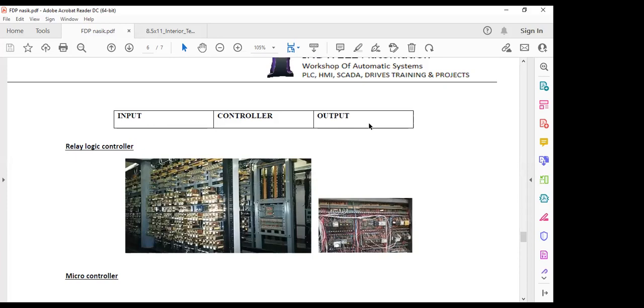It was full of wires. The logic, meaning the sequence of operation, was designed using wires and electrical and electronic equipment, correct? So the logic was designed through wires and some electrical and electronic devices. So it was very large.